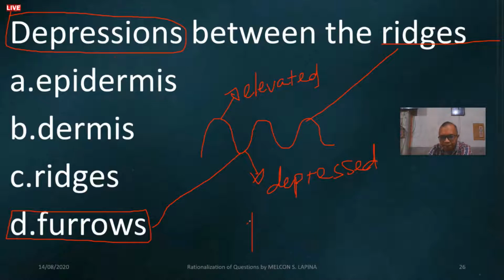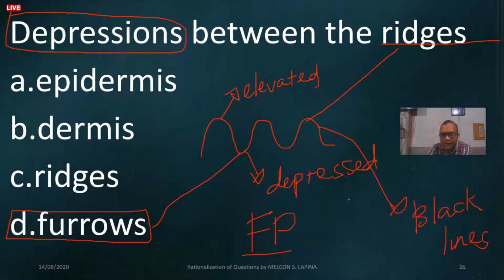So tanda natin sa fingerprint, baliktad yan sa pattern sa fingers. Baliktad siya, it is an impression, marka siya. So therefore, pagdating doon sa fingerprint card, this will appear as black lines, whereas this one will appear as white space.